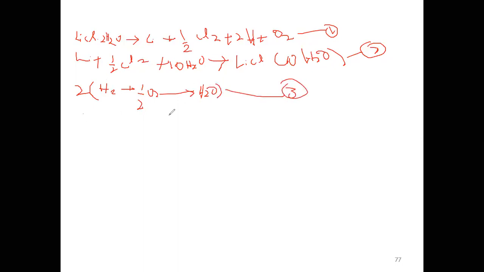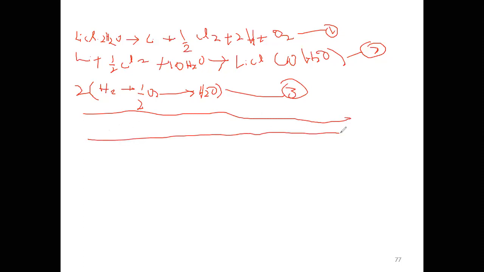So you can get the overall equation. So delta H1, delta H2, delta H3.